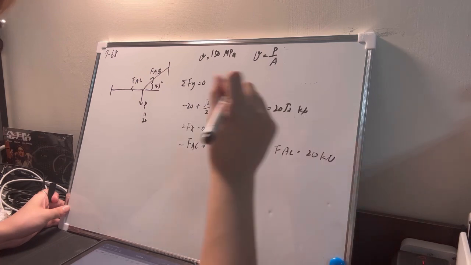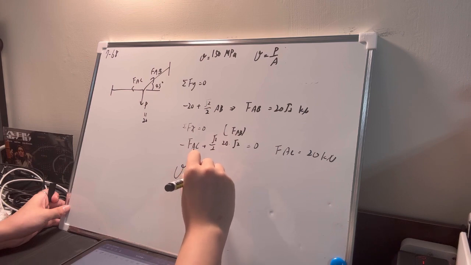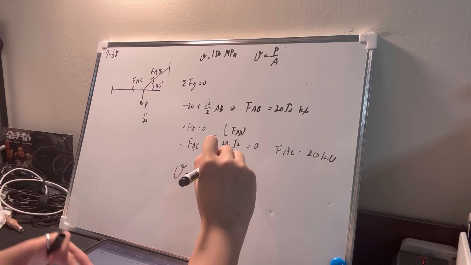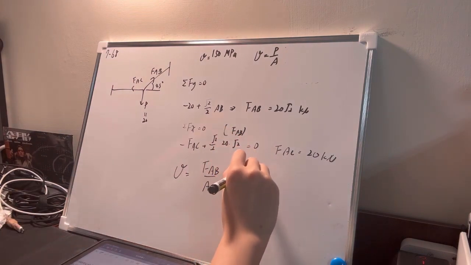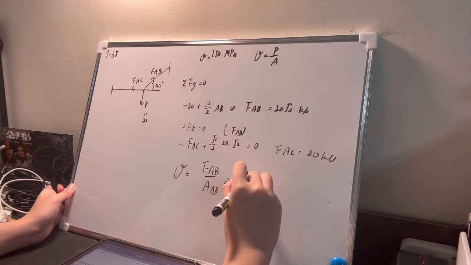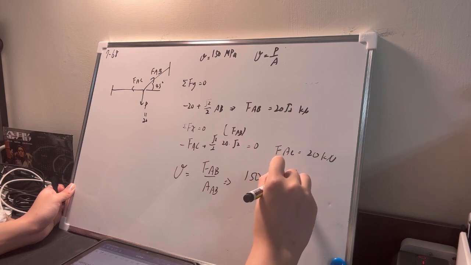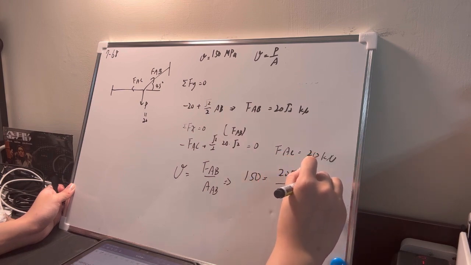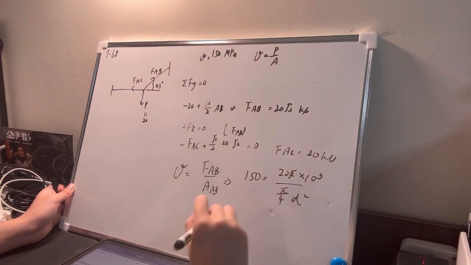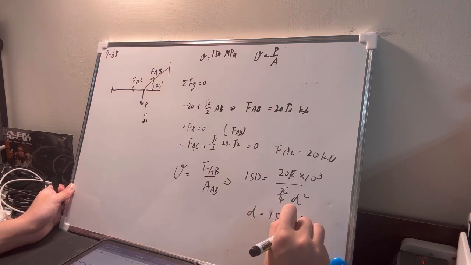Okay, and we use this function for AB. We know the FAB here, so 150 equal to FAB here, and because it's kN, we have to times 10^3, and the area is D squared, so we know the D here is 50.5 mm.